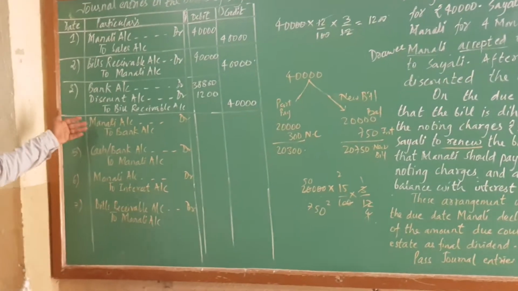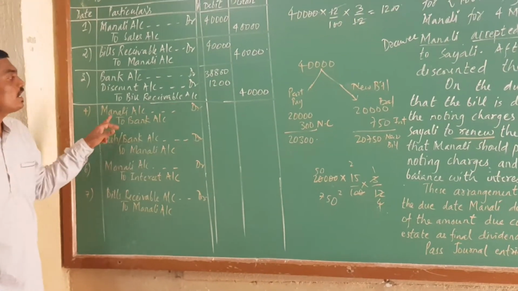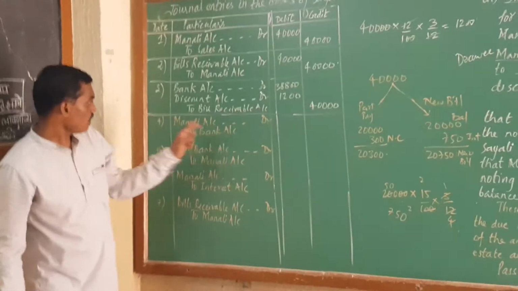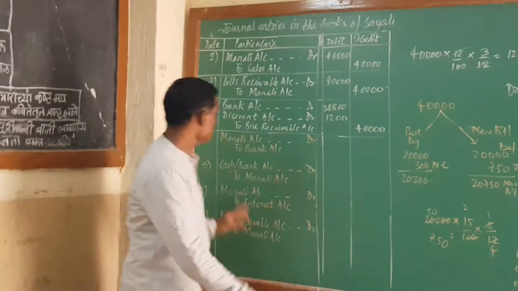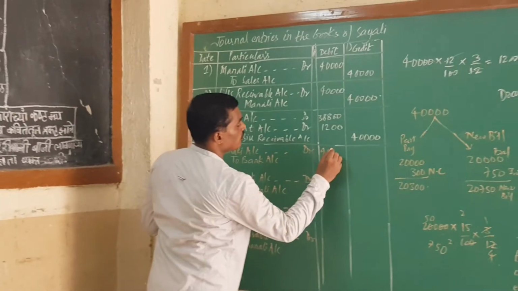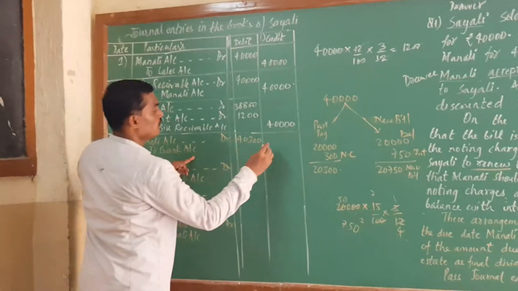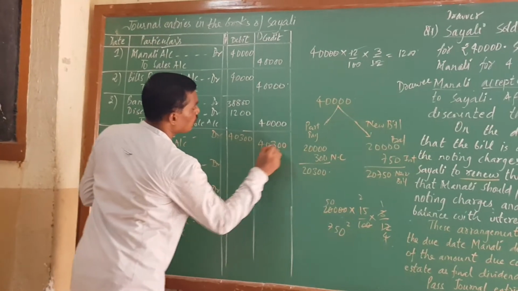So now we have to put up the Manali account entries. This is the dishonor entry. Manali account debit to bank account. The bill amount is 40,000 plus noting charges 300, so we write 40,300.